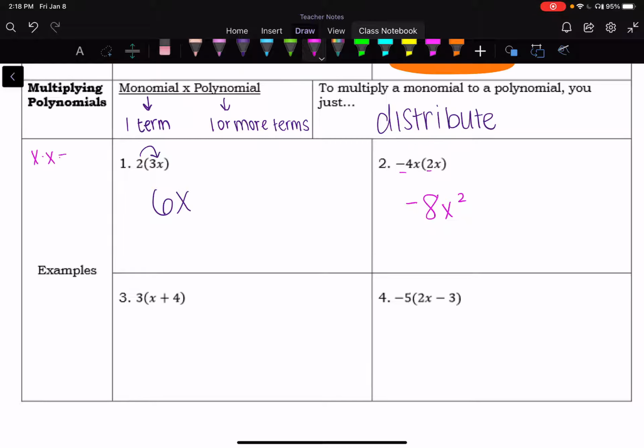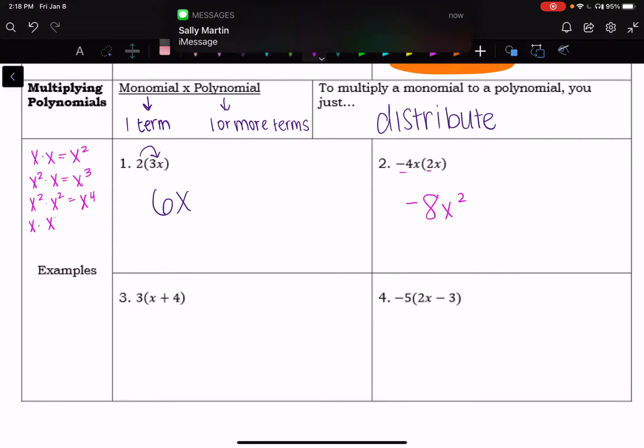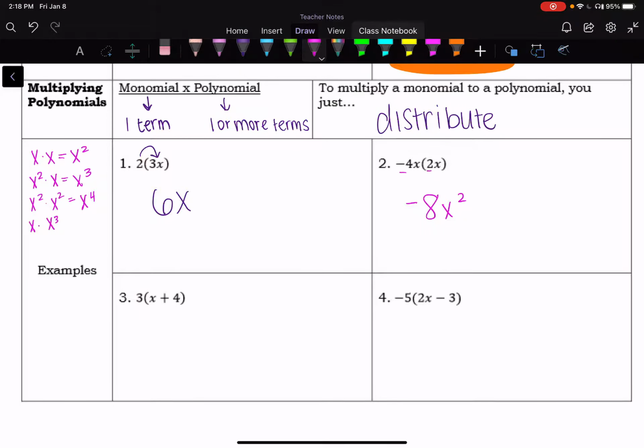X times x is x squared. X squared times x is x cubed. X squared times x squared is x to the fourth, as is x times x cubed.